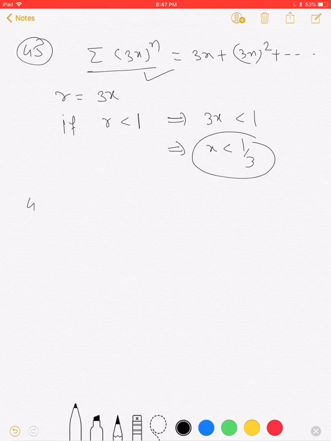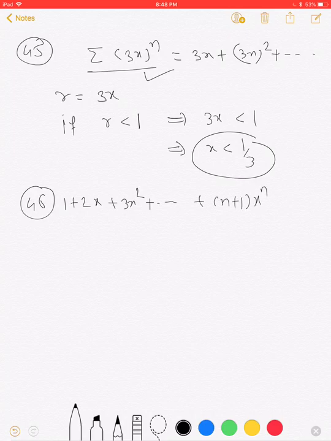The next question, that is question number 46, is given that the series is 1 plus 2x plus 3x square plus ... plus n plus 1 into x raised to the n and so on, where x lies between 0 to 1.